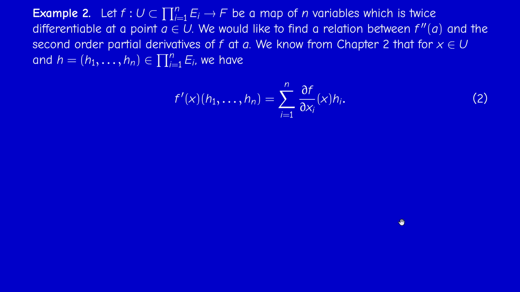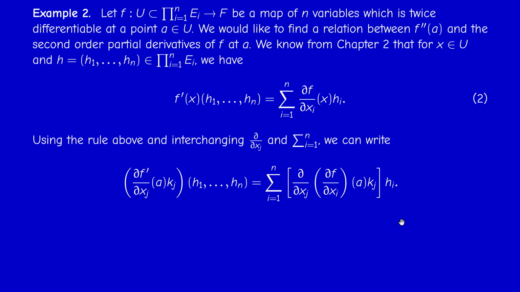Okay, so we know from chapter 2 that there is a relation linking the total derivative and the partial derivatives. Okay, so f prime of x in the direction of the vector h, which is now an n-tuple, is given by a sort of dot product between the vector of partial derivatives and the increment or the direction h. We know that.